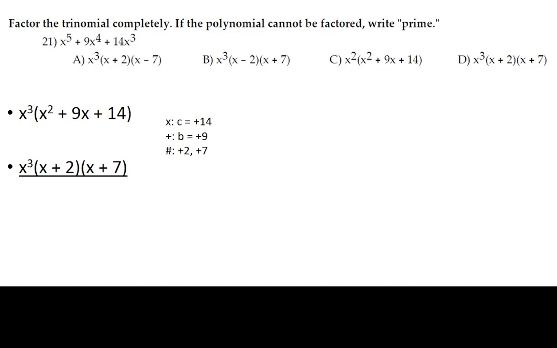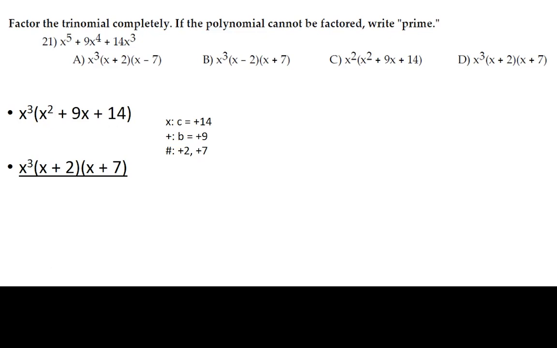If there's a greatest common factor, take it out. In this case, the greatest common factor of all those x terms is x cubed, lowest power shown. We take out the x cubed and we're left with x squared plus 9x plus 14.